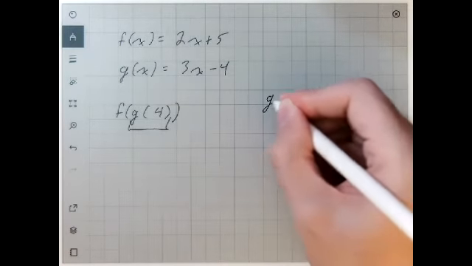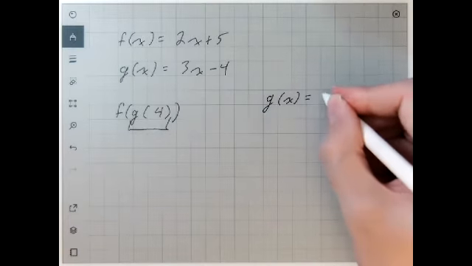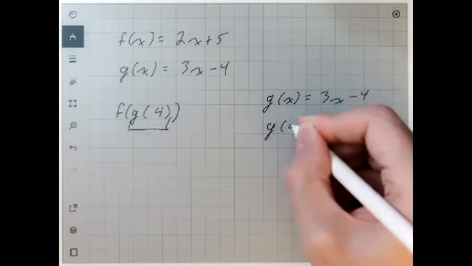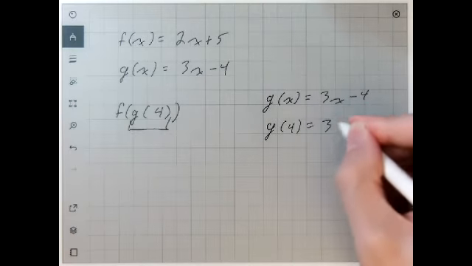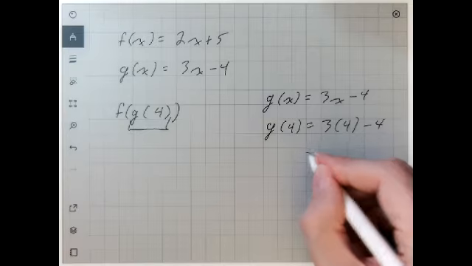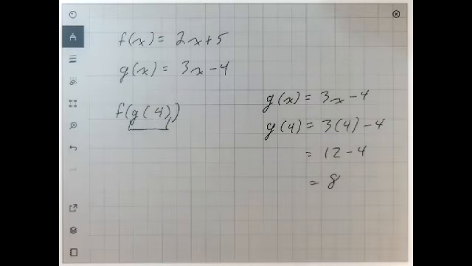I'll come off to the side and just look at that. G of 4, going through the arithmetic, is 8.